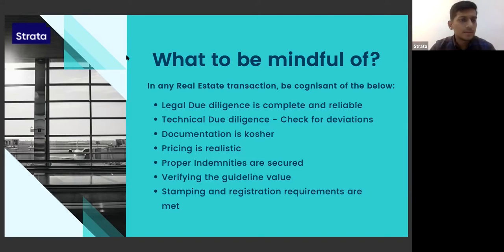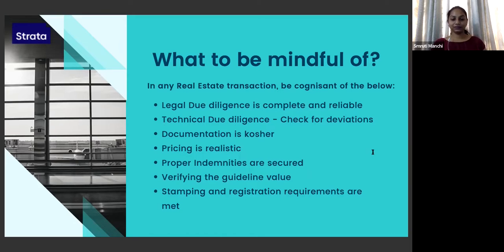Again, which is why I think one of the very important things is knowing the guideline value as well, because sometimes it's critical. Sometimes there's a good chance that the market value is below the guideline value. Exactly. You do your assessment and you say, hey, this is the stamp duty I'm going to pay, which is a percentage of my purchase value. But sometimes when the guideline value is higher, your stamp duty is also higher. Right?